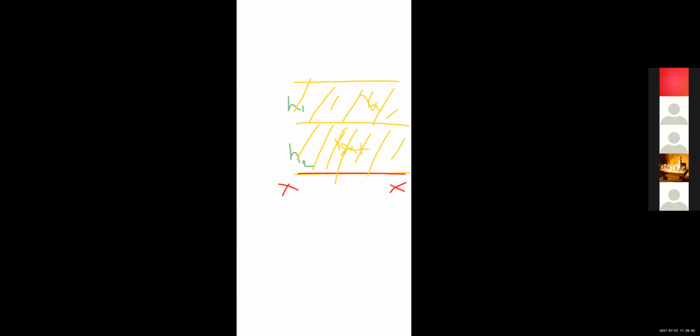So what is the value of sigma T? Ma'am, gamma D into H1 plus gamma saturated into H2.